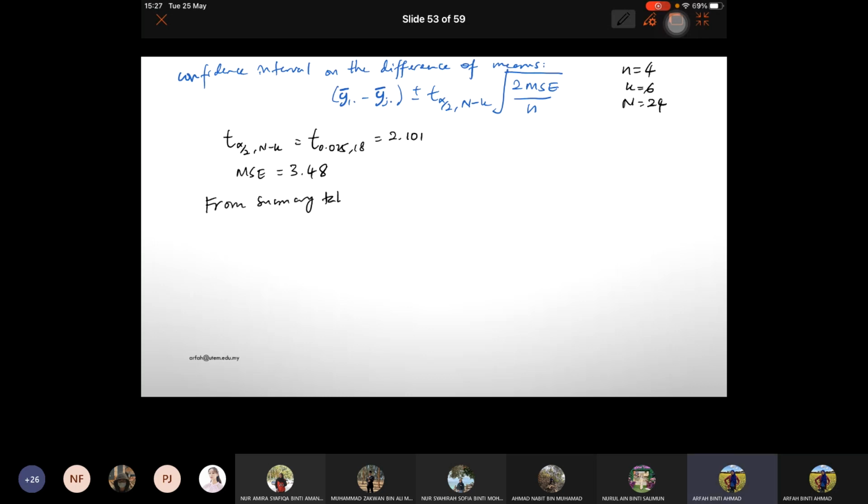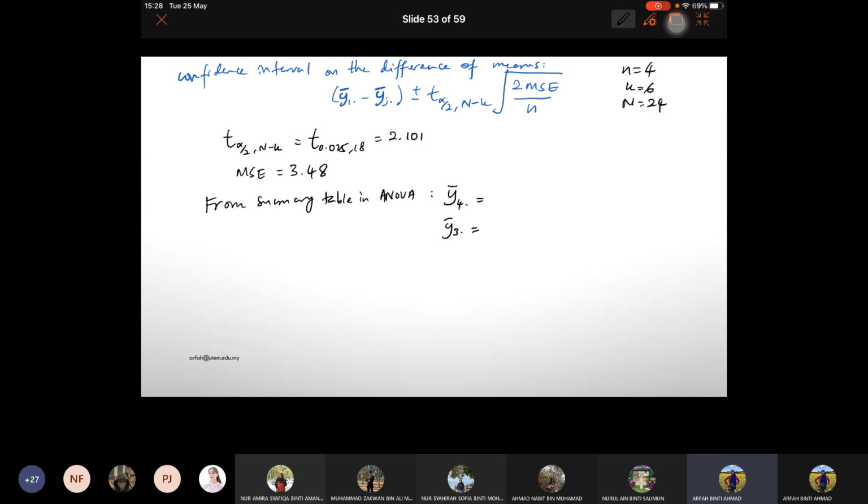From the summary table in Anova, kita dapat y bar 4 dot dan juga y bar 3 dot.